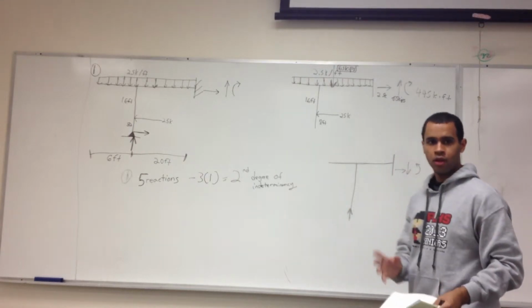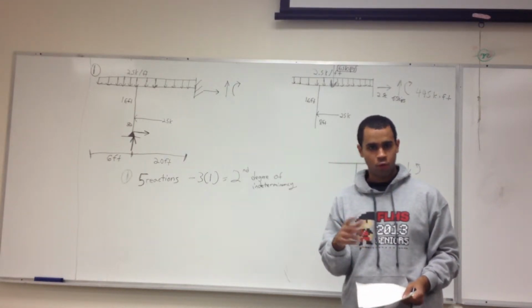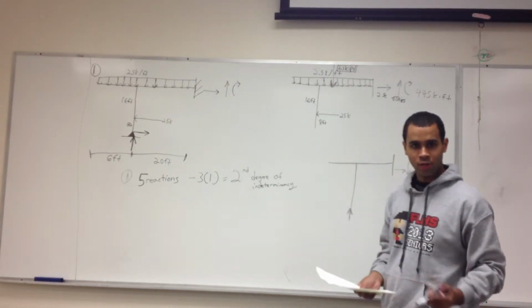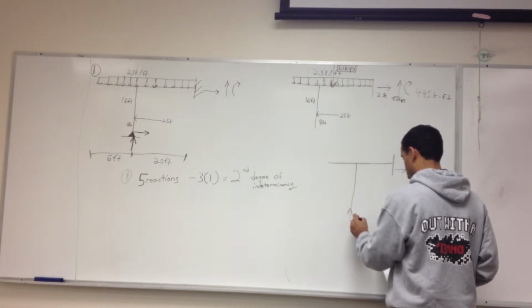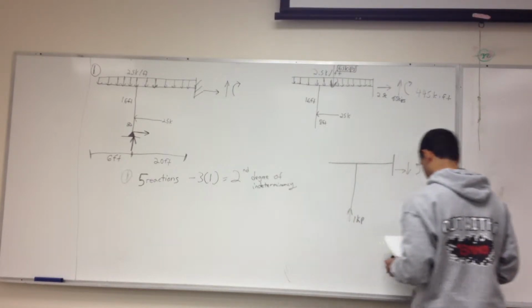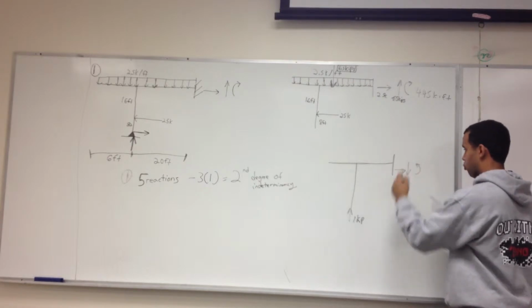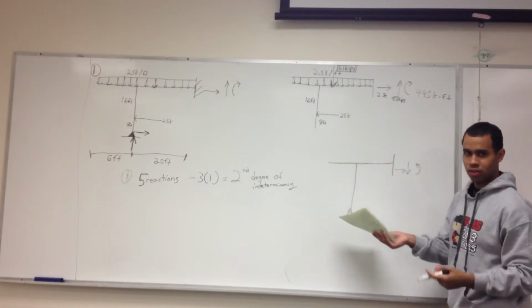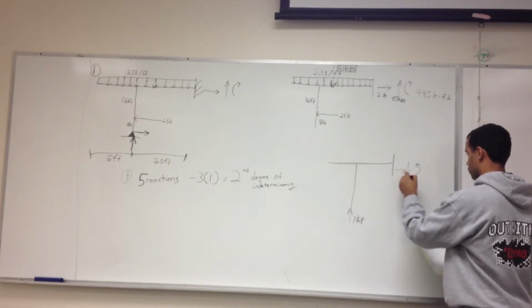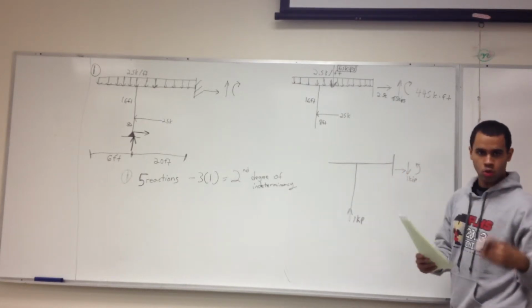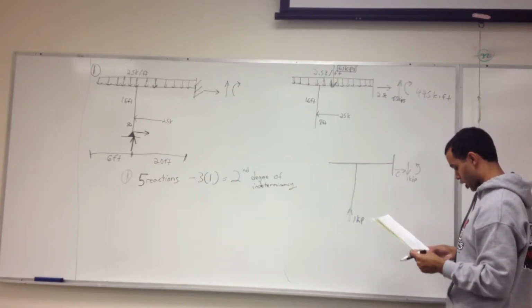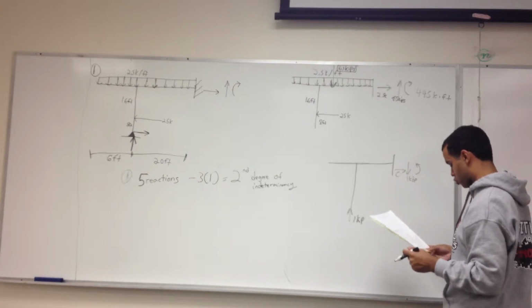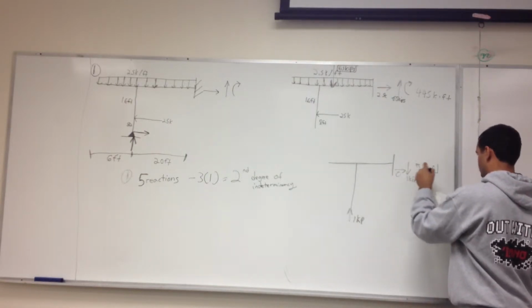So imagine having a roller support over here, and you have a 1 kip load acting up. So again, we do some statics work, and we have 1 kip acting up. At the fixed support, we're going to have 1 kip acting down because it's counteracting the 1 kip that is acting up. We have no horizontal load at all, so the horizontal is 0. And to find the moment about this point, we end up having a moment of 20 kips per foot.